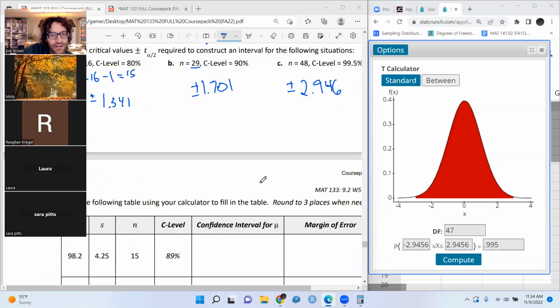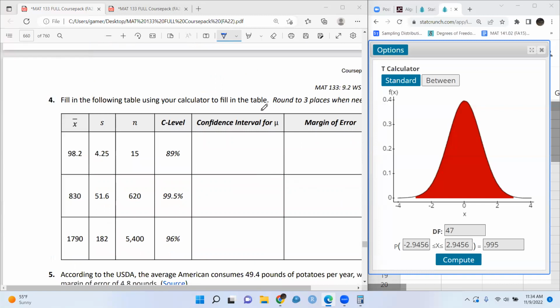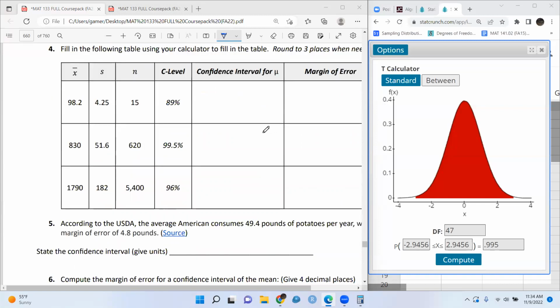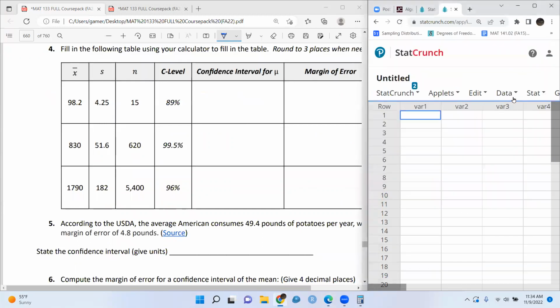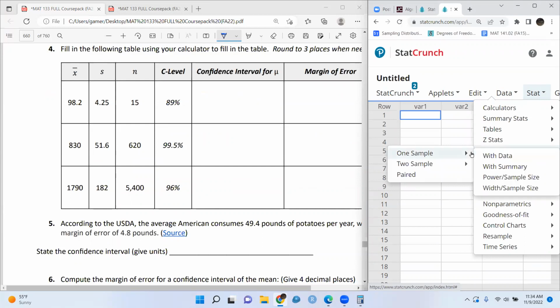Okay. Awesome. So now we're just going to calculate a bunch of confidence intervals. Let me show you that menu as a reminder. Stat, T-stats, and the reason it's T-stats is because we use critical T values. One sample, and we don't have data here, right?